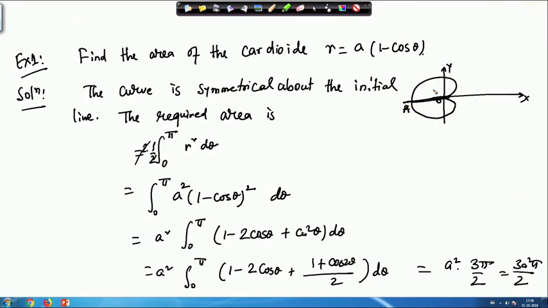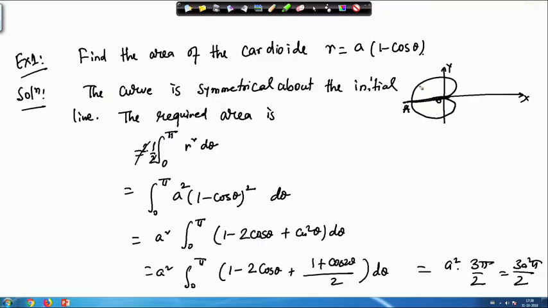So, you see, instead of converting this into a Cartesian coordinate system and then trying to draw this curve and also finding out the limits and all, we just had to remember the shape of this curve.